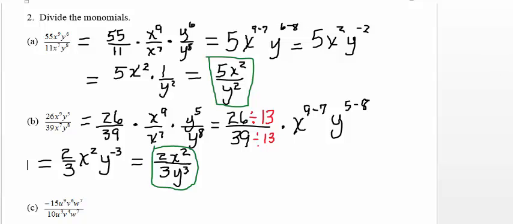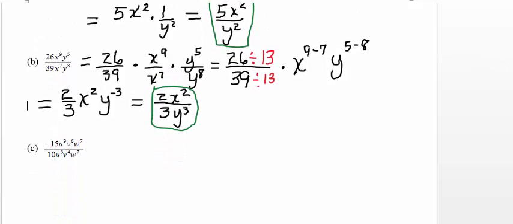All right, so let's look at number 2C. Our work here is going to be similar. We have a negative 15 that's going to get divided by 10, and we want to reduce that fraction. So the largest number that divides evenly into 15 and 10 is 5. So we're going to divide numerator and denominator by 5 to reduce that fraction to its lowest terms.